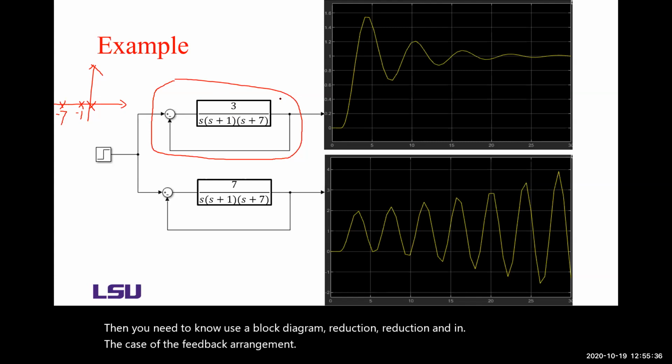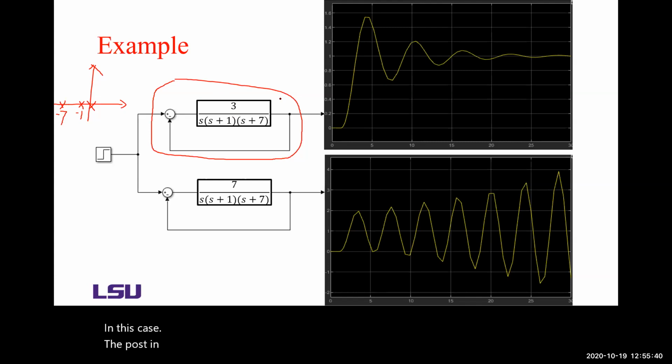In this case, the poles of the closed loop system are all in the left half plane. Therefore, the closed loop system is stable.